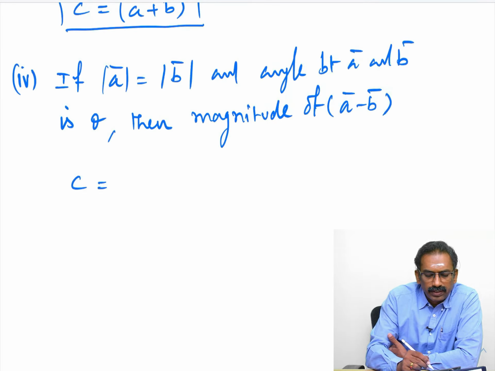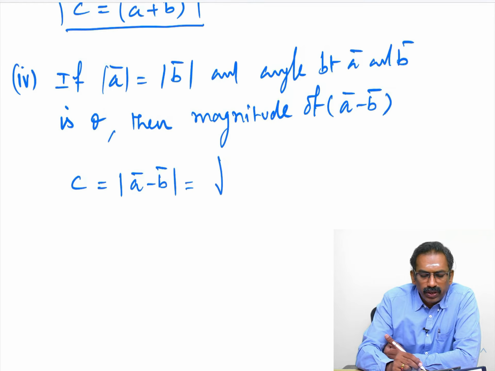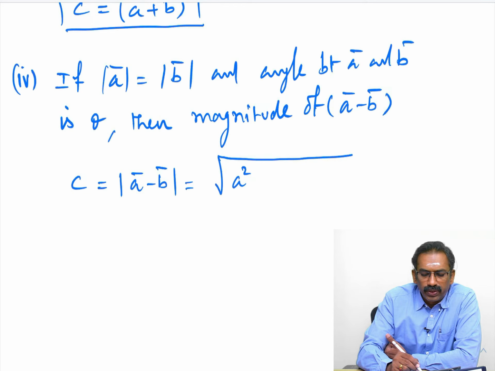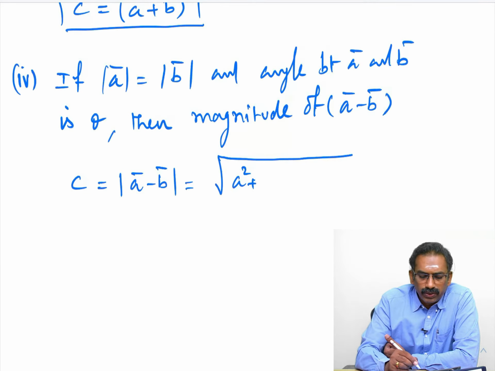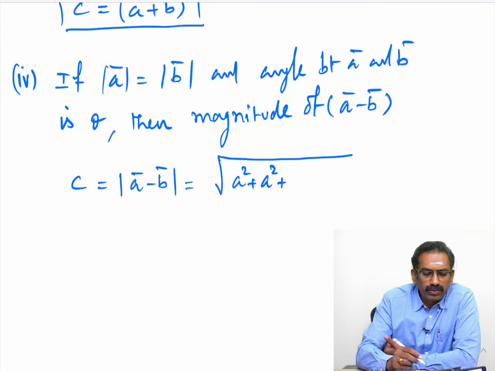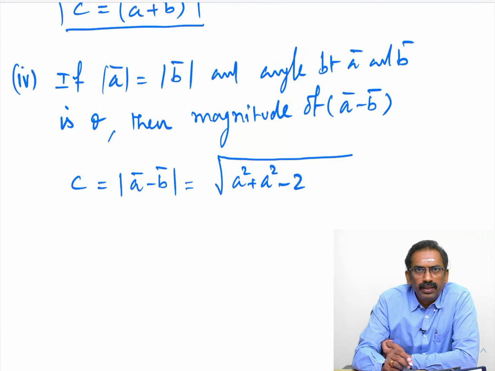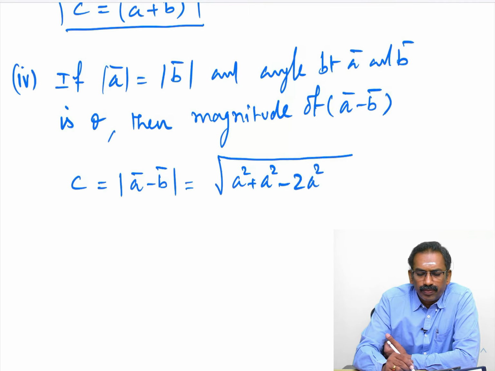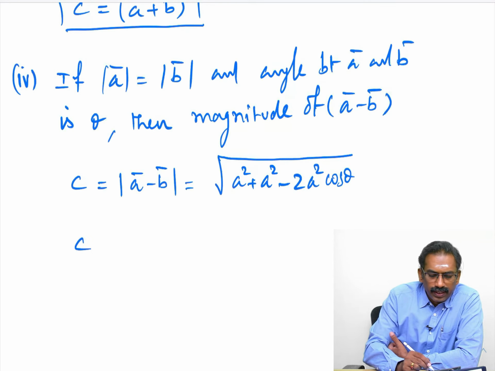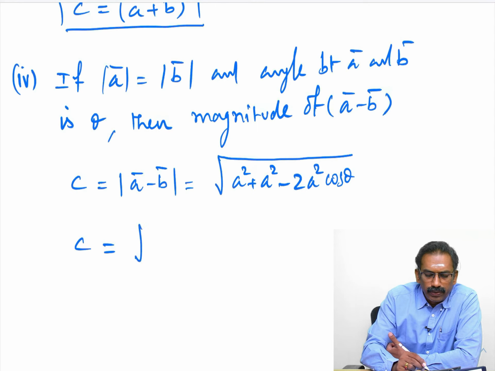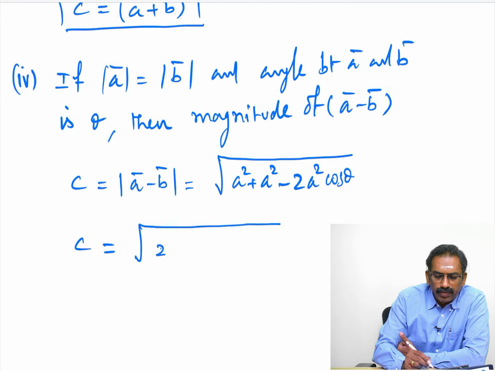C is equal to modulus of a vector minus b vector, which is equal to square root of a square plus b square minus 2ab cos theta, that is 2a square minus 2a square cos theta.